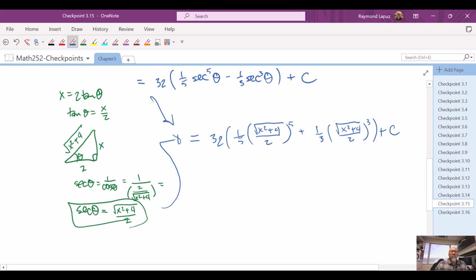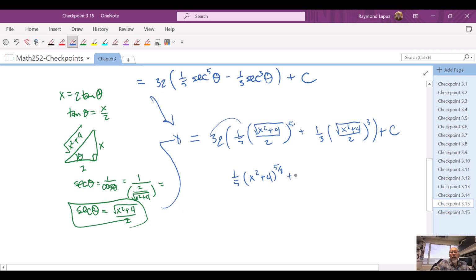We can simplify these things. 2 times 2 is 4, times 2 is 8, times 2 is 16, times 2 is 32. So this 32 distributed out would cancel the 2 to the 5th, so I'll just have 1/5. And then I'll write this as x squared plus 4 to the 5/2 power, because that's a power of 5 with a radical.